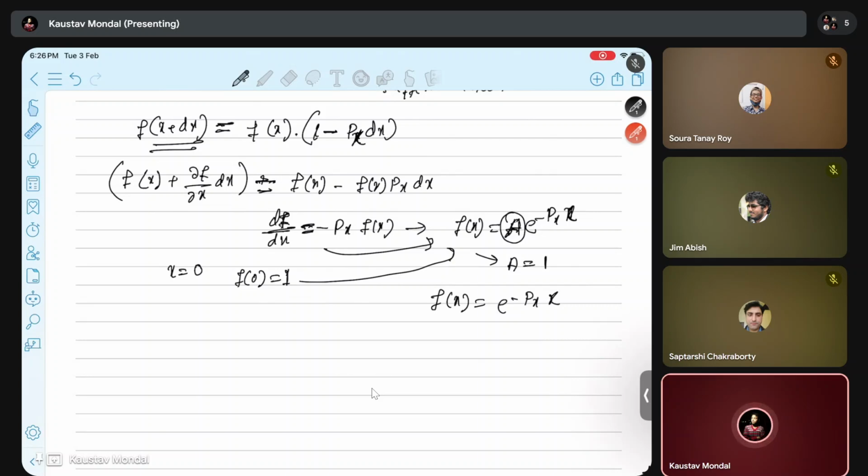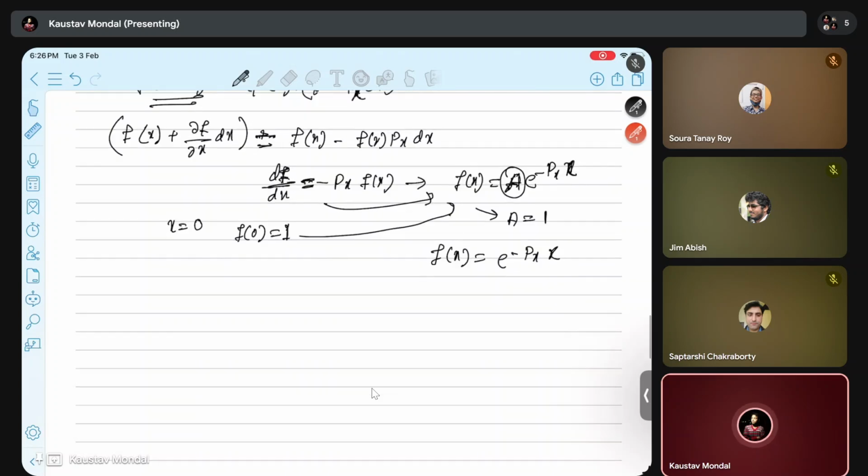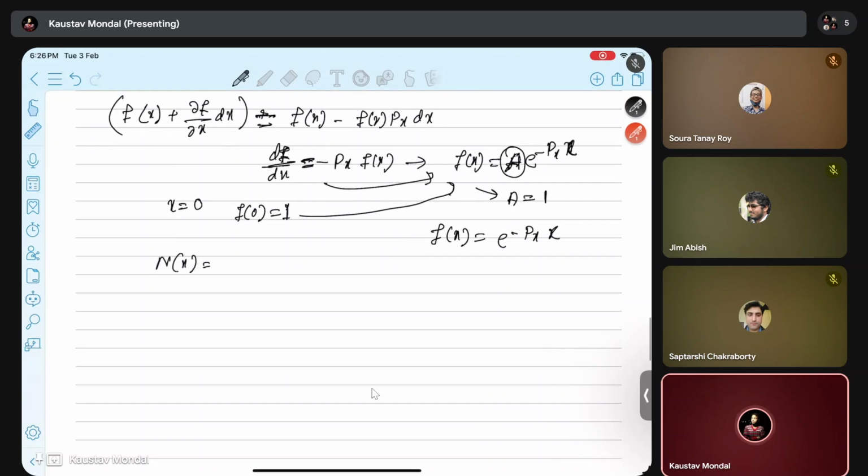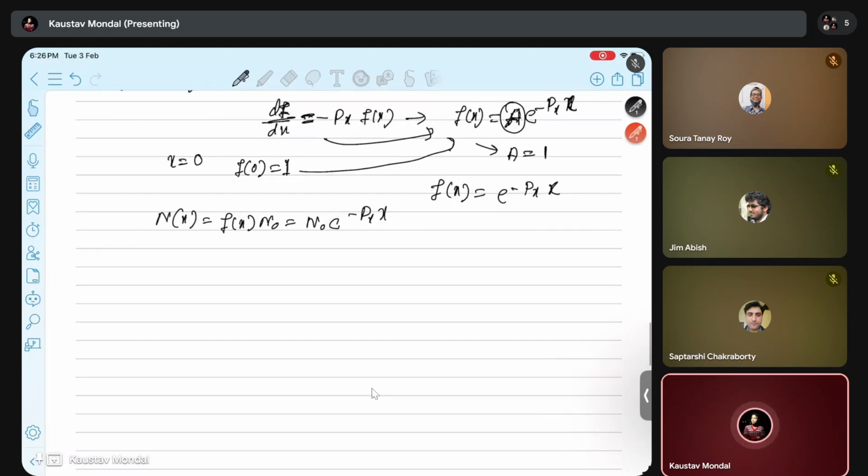Now from here you can calculate n(x) equal to f(x) into n0. So it gives you n0 into e to the power minus P(x)x. If you do the differentiation on both sides, it gives you dn equal to minus n0 P(x) e to the power minus P(x)x into dx.